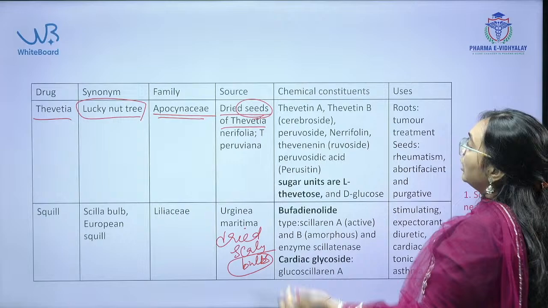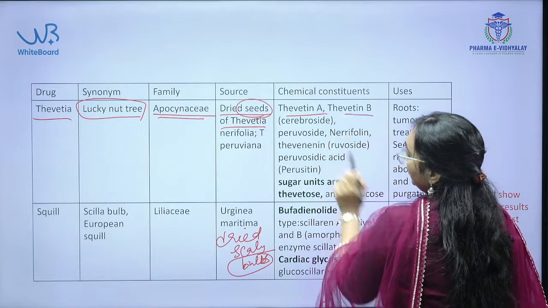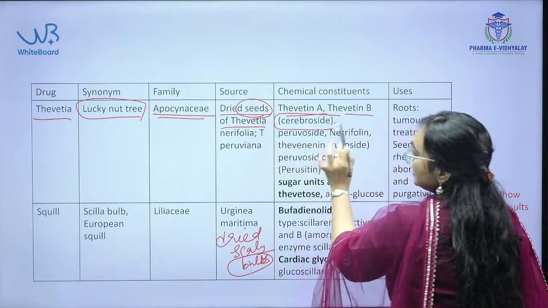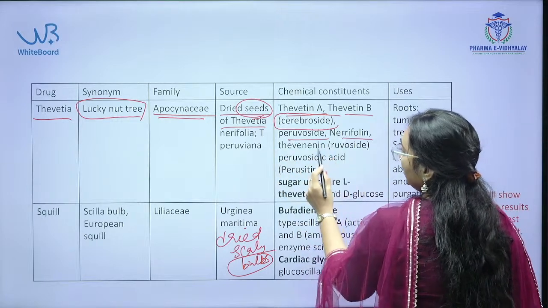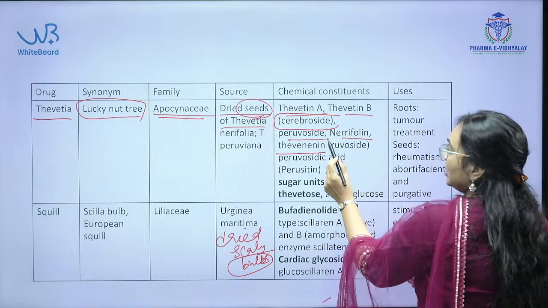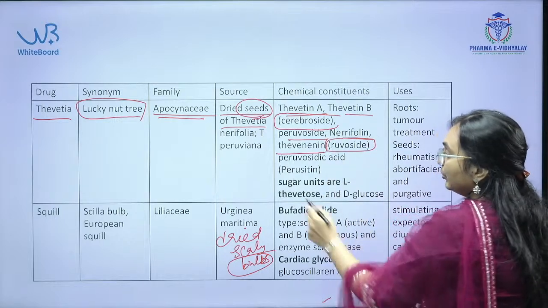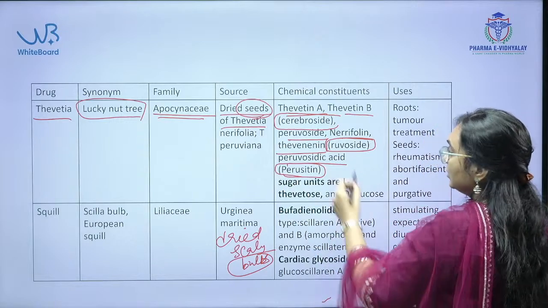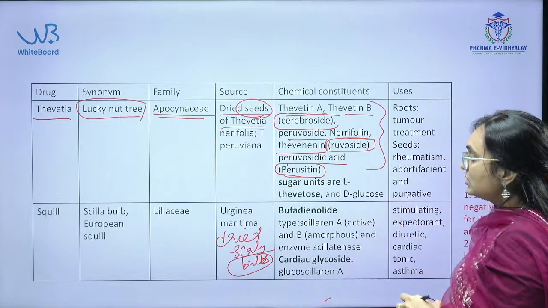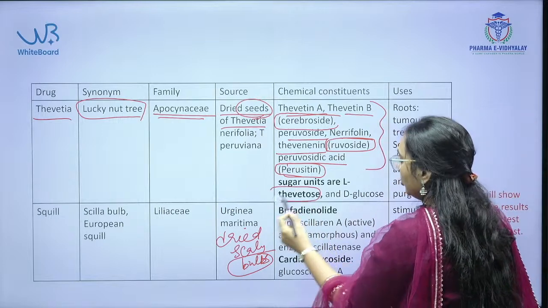Okay, what are the chemical constituents? Thevetin A, Thevetin B. Thevetin B is a cerebroside. Peruvoside, nerifolin, thevebioside, ruvoside, peruvosidic acid, which is perusitin. These are cardiac glycosides, and the sugar units are thevetose and D-glucose.